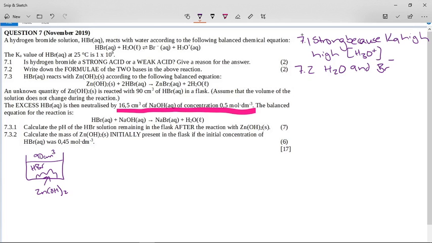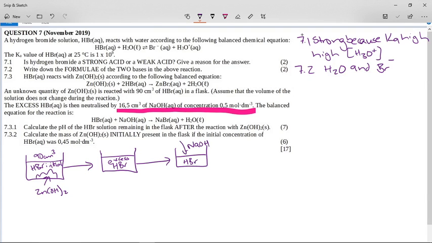Once we had this in the flask, a reaction occurred, and all the zinc hydroxide got turned into the zinc bromide salt, and we were then left with some HBr in excess. So this was the HBr initial, and then after the reaction there was some excess, and to this excess HBr they added some sodium hydroxide. This is now the second equation, okay?